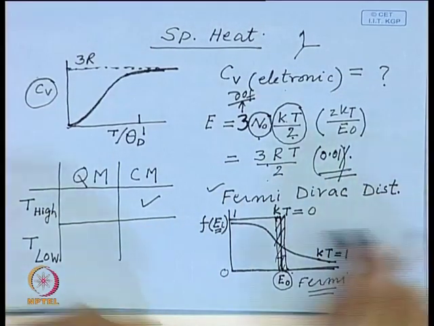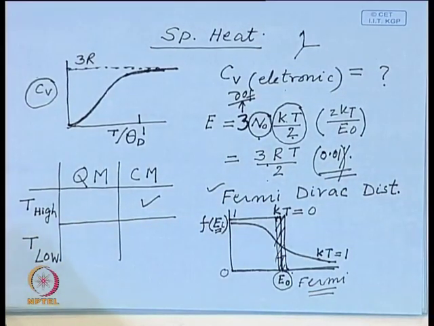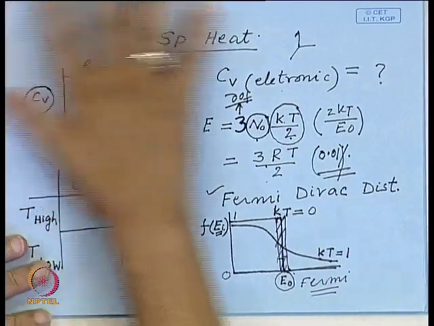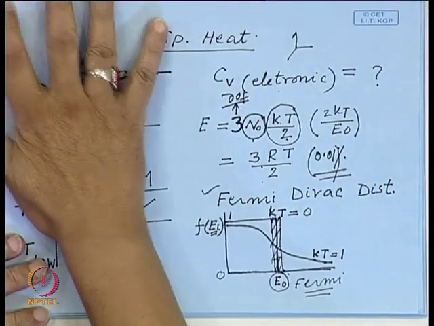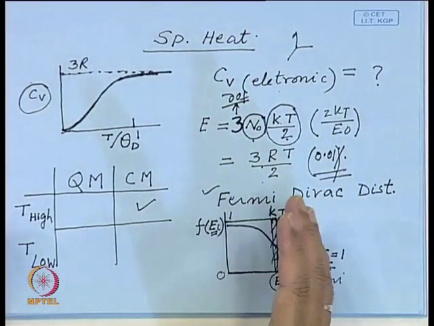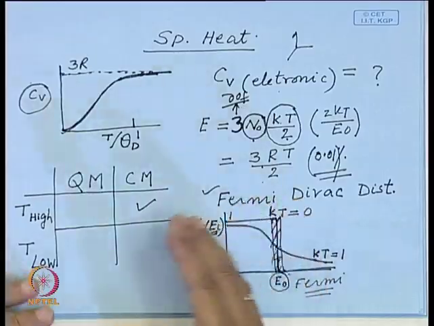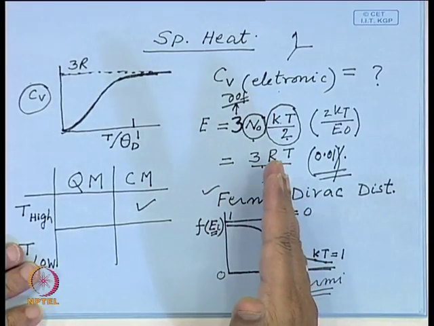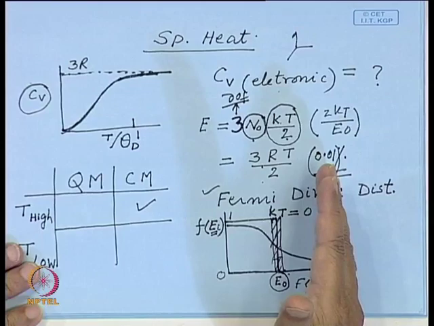So, this is the main advantage of this type of description of metallic bonds: metals have free electrons which are shared by all atoms, but these electrons are arranged in several energy levels up to the Fermi energy level, and beyond that you have vacant states.